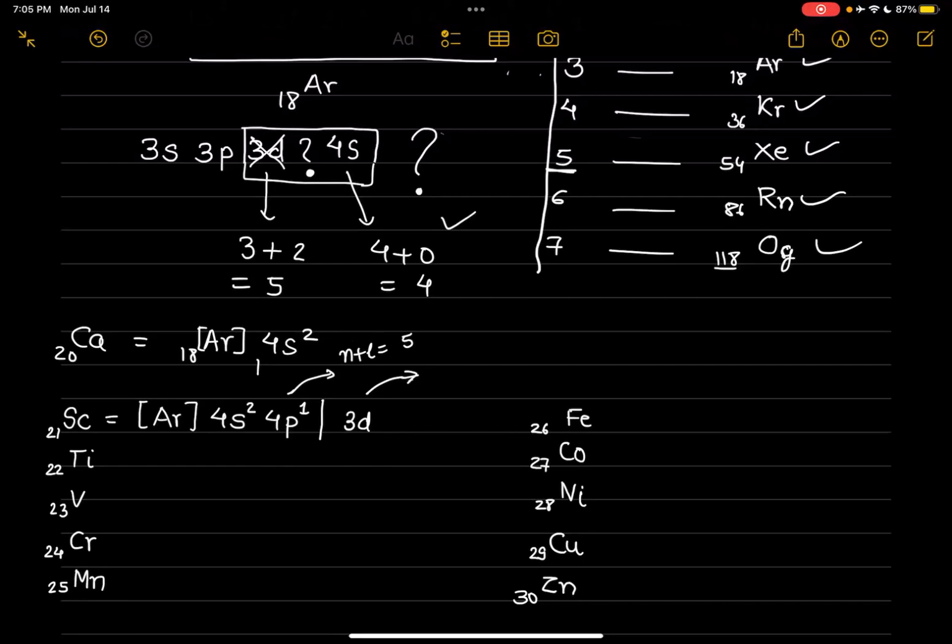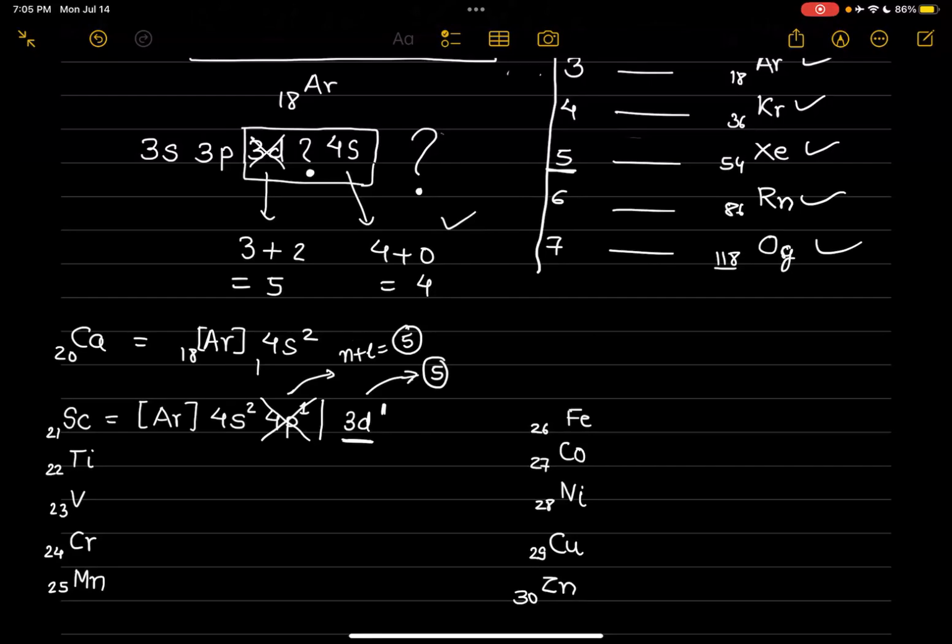Both are equal, 5. So which one should we choose? If the n plus l values are the same, then we choose the subshell which has the lower value of n. So 3d. Is it clear?